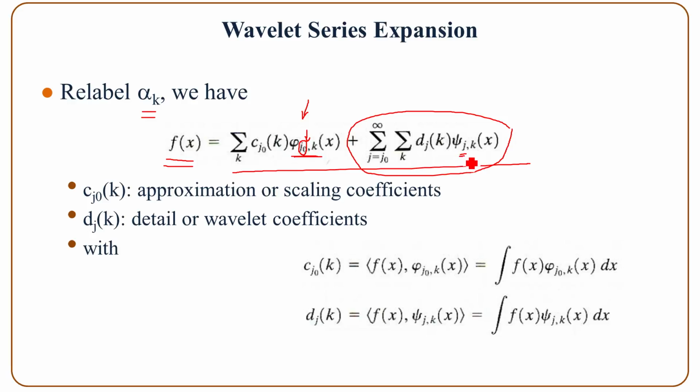And you start at level j0, and go from j0 up to infinity. The higher j is, the more shrunk the wavelet functions are. And then at each level you shift the wavelet functions to the right using k.